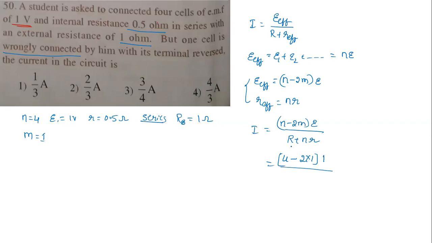The external resistance given is 1 ohm, plus number of cells 4 into internal resistance of each, 0.5, which means 1 by 2. I'll write 1 by 2 because simplification will be easy. The numerator is 4 minus 2, which is 2, divided by the denominator 1 plus 2. So it will be 2 by 3 ampere. That is the correct answer.